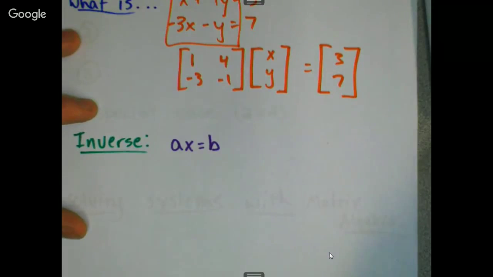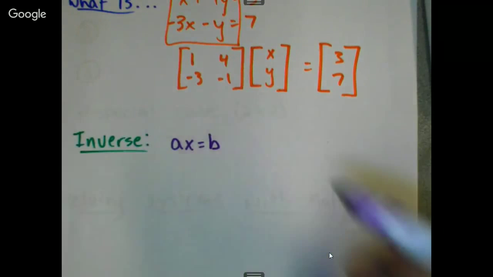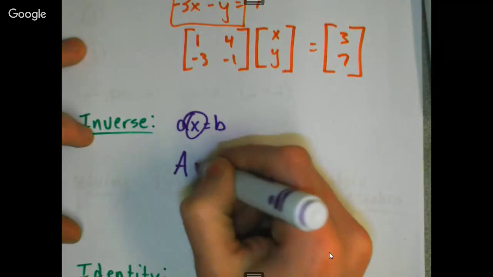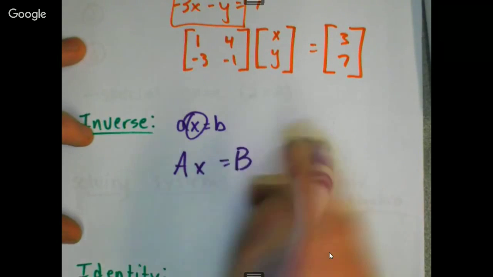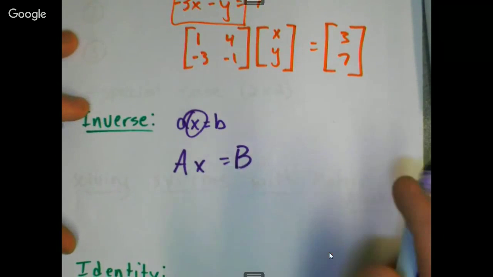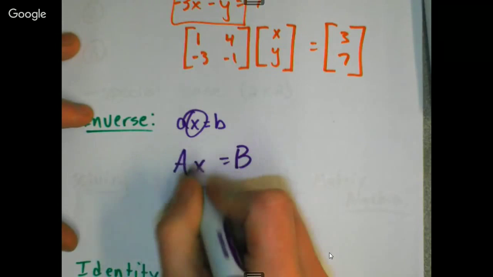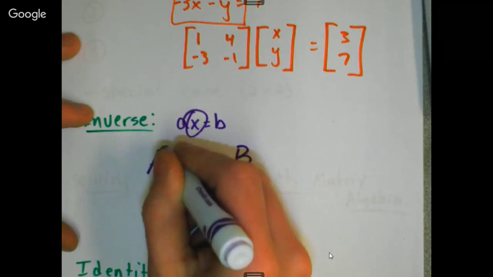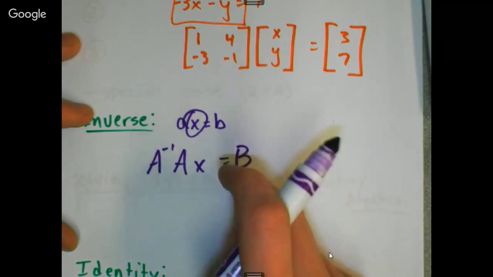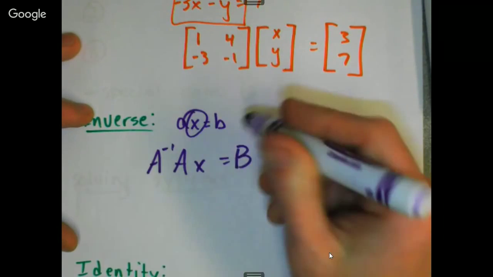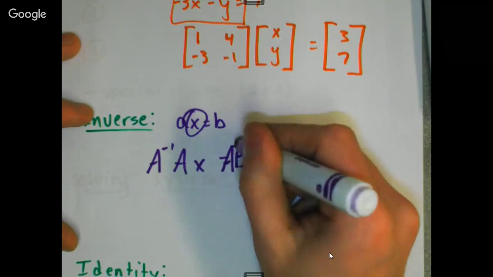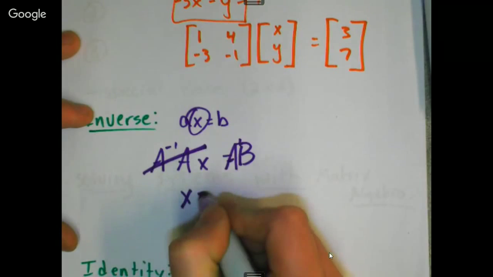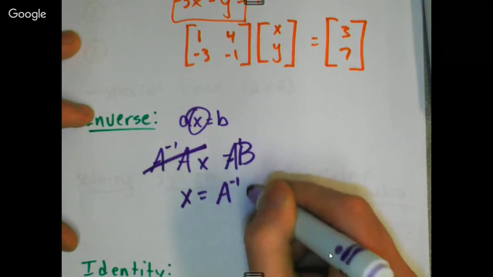So in order to solve this equation for x, we'll have AX equals B, and I'll use capital letters because capital letters are matrices. We're going to have to do the inverse of this matrix, so we'll have A minus 1 in front. Now these two will cancel, and I will get X equals the inverse of A times B.